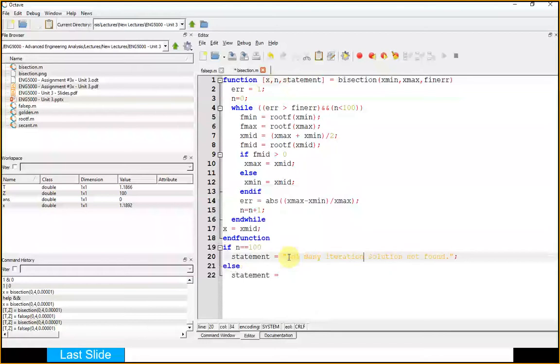Alright, and then, or I could state instead solution found.